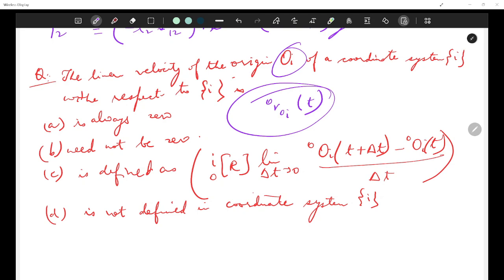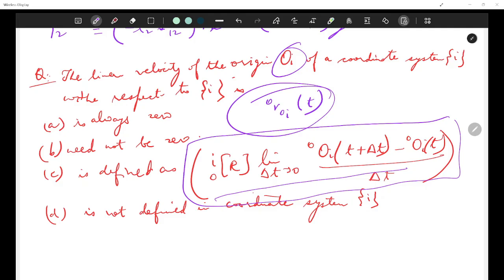By definition, we already know this. This gives velocity expressed in frame 0. We already saw this. So can it be expressed in frame I? Yes. To express the velocity in frame I, if we substitute everything, we get this. So this is correct.